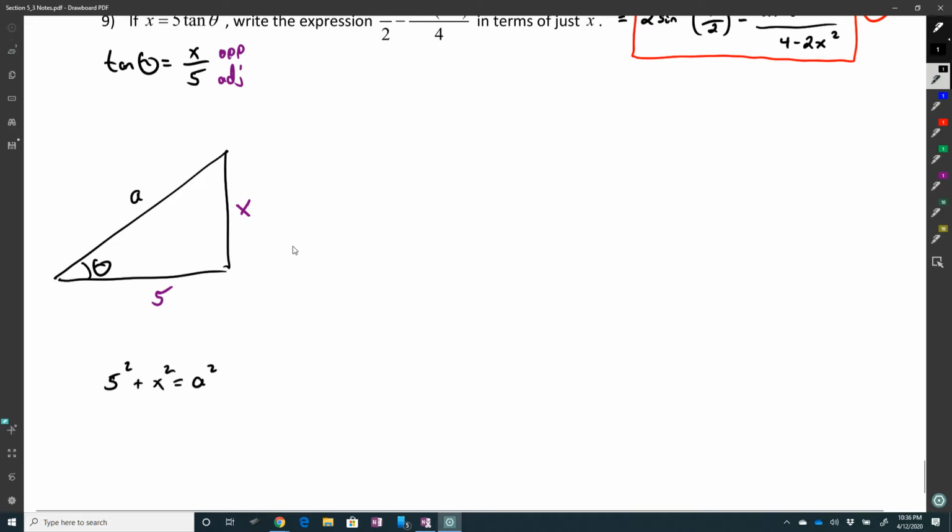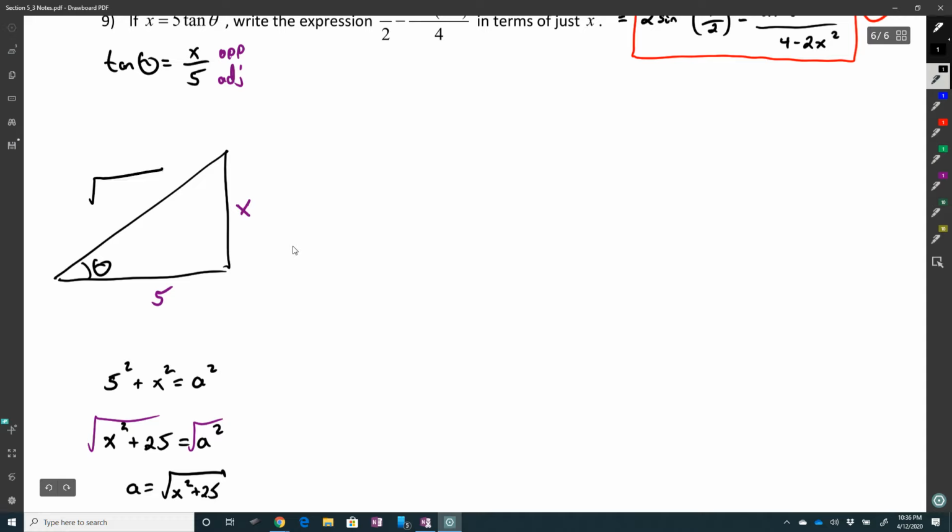Usually we write it with the x squared first, so x squared plus 25 equals a squared. Then we take the square root of both sides. Since it's the hypotenuse, we keep the positive side. So a is equal to the square root of x squared plus 25. And now I can figure out all the stuff.